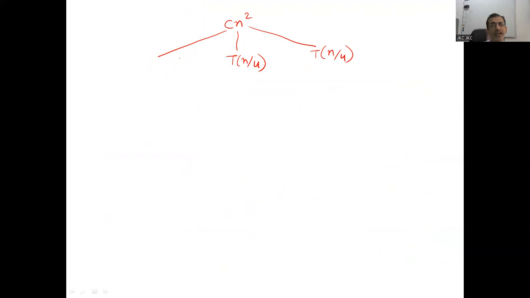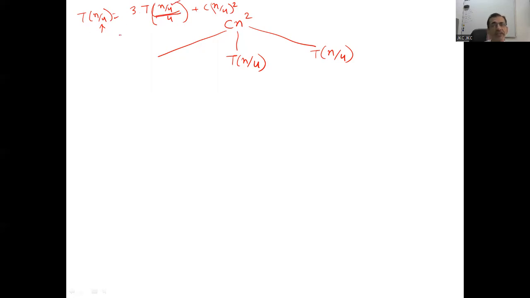So let this be replaced. T(n/4) means nothing but 3T(n/4 divided by 4) plus c(n/4) whole square, replacing n by n/4 in T(n). T(n) was 3T(n/4) plus Cn square. So now n itself is n/4 divided by 4.